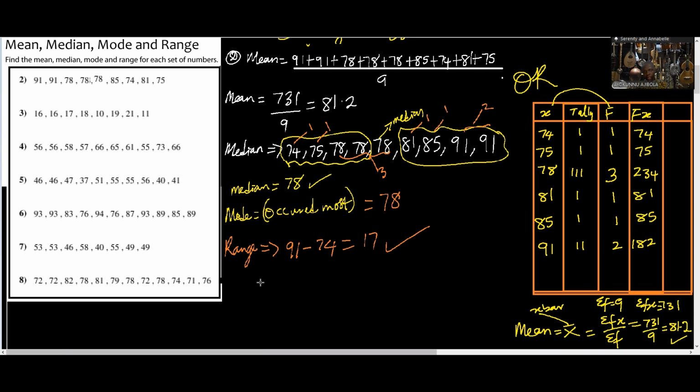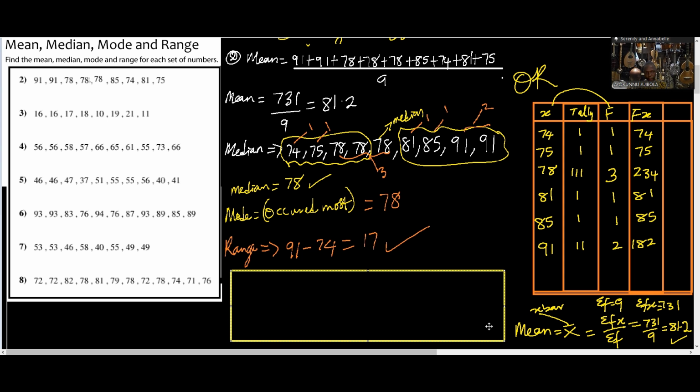Now to go to the median for that method 2, the median means the midpoint. Since we know that we have 9 as our total population, summation f, the median is going to be the midpoint of the frequencies, which is summation f, 9 over 2.